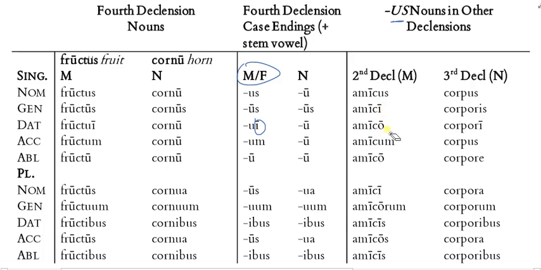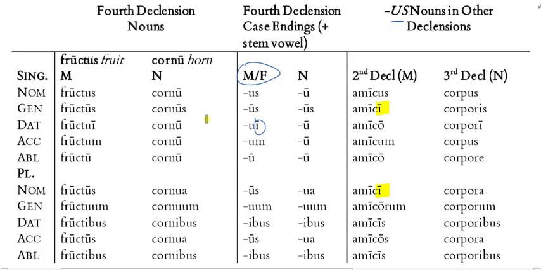But now notice here, in second declension, -o and -o are identical in dative and ablative. Not so much here, right? We have -ui and -u, so we have to be careful for that. We have the endings here, though, that look sort of similar. But what I want to point out to you is that the genitive singular amici happens to be exactly the same as the nominative plural amici.